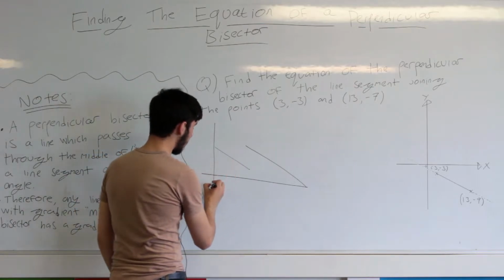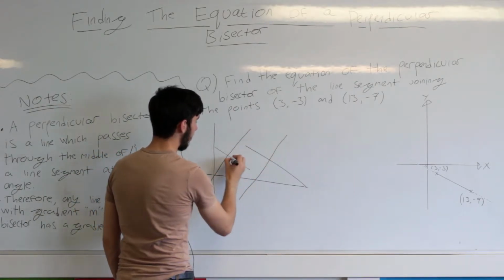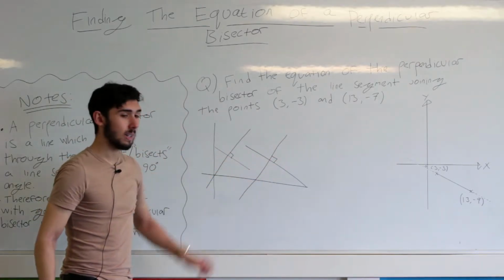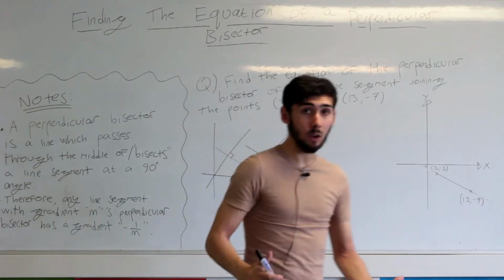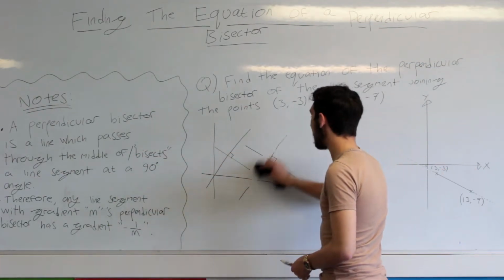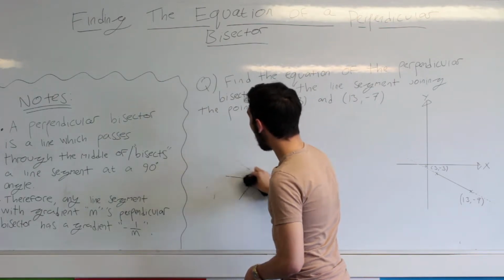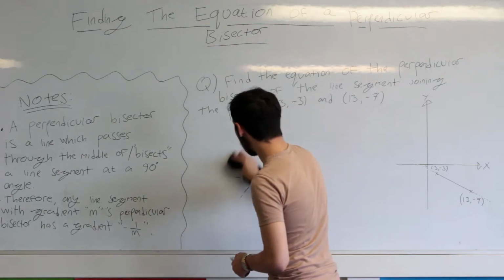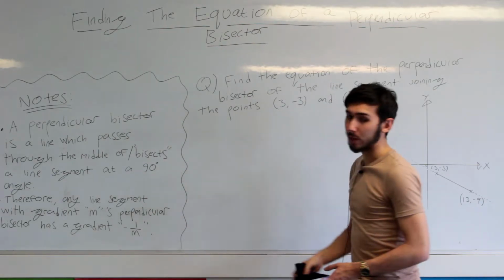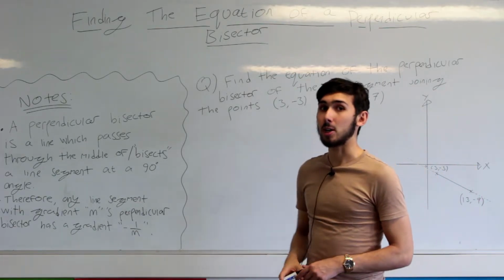This one might look like this, and this one might look like this. If we assume they're both 90-degree angles, they have the same gradient. Any line with gradient m always has its perpendicular bisector with a gradient of -1/m, for the reason, as explained in the parallel and perpendicular lines videos, that they're always perpendicular. So without further ado, let's get into a question.